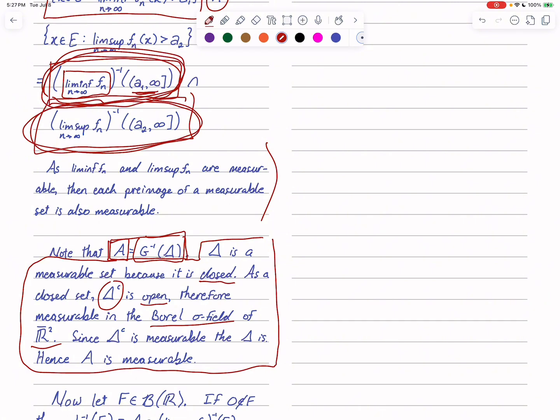It's in the topology, and therefore it's one of the generators, and therefore it's in the sigma field. So this delta C is measurable. That's the upshot there. Well, if delta C is measurable, and measurable sets are closed under complement, then when we go back to delta, we have another measurable set, and the proof is finally complete.